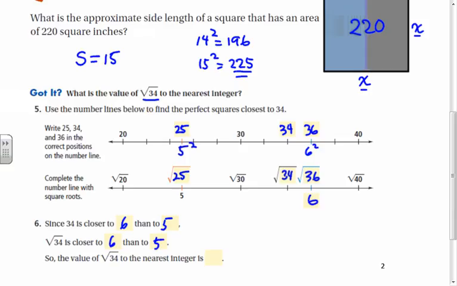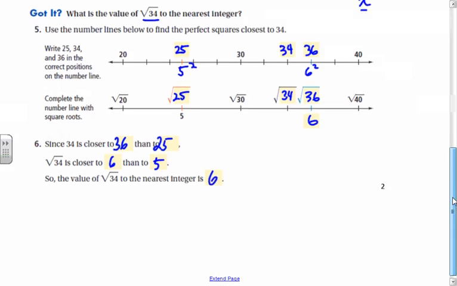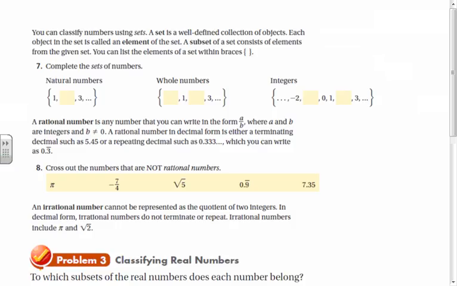So the value of the square root of 34 to the nearest integer is 6. I should have said, since 34 is closest to 36 than to 25 there. Sorry about that. All right, let's move on.